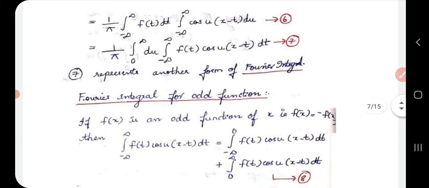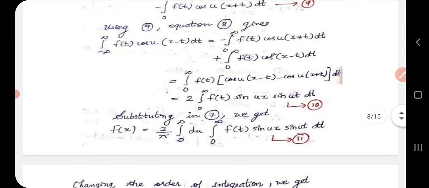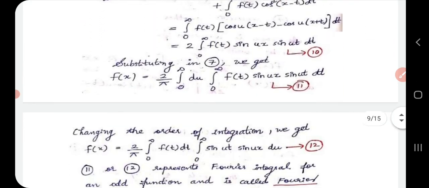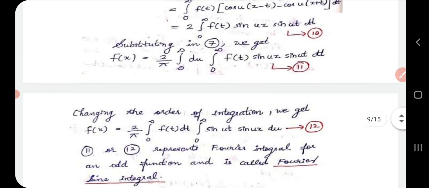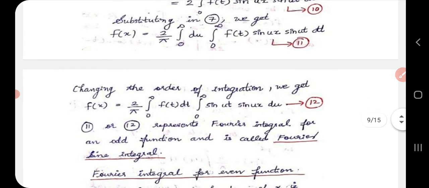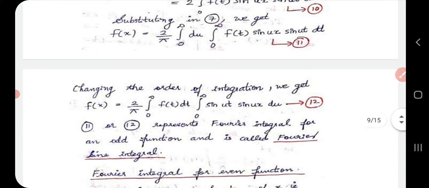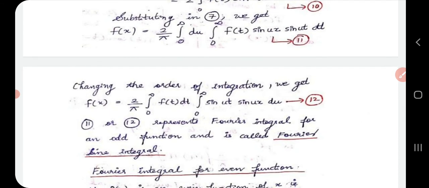Now you are changing the order of integration, given in equation 11. 2 by pi is kept as such, 0 to infinity f of t dt is taken common, then after that 0 to infinity sin ut sin ux du. Those integrals are interchanged. So these equations, 11 and 12, both represent the Fourier sine integral, that is, the Fourier integral for sine function or odd function. So learn equations 11 and 12.